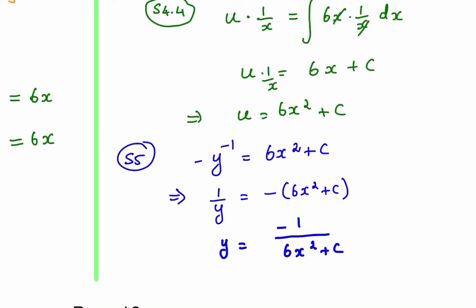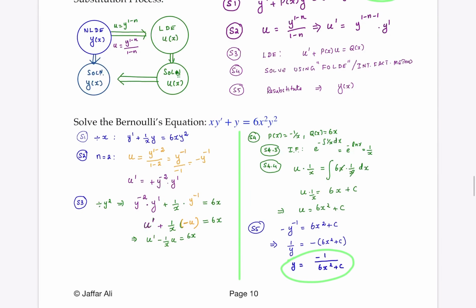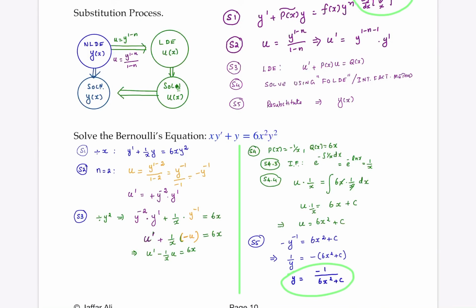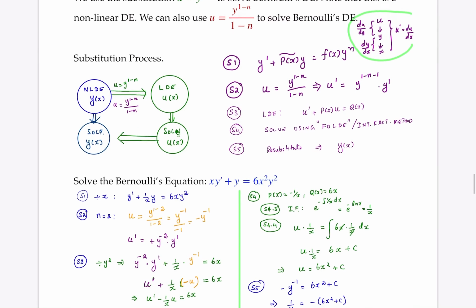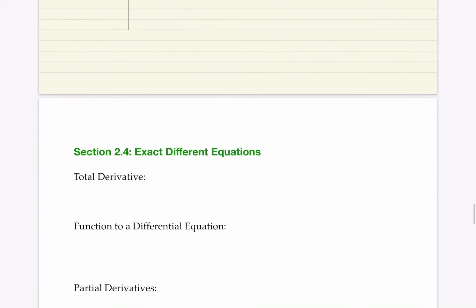And that's the solution to that Bernoulli's differential equation. So that's how we would solve Bernoulli differential equation. Again, the idea is a substitution, and that's what we're going to keep on doing and then work with that. That's pretty much Bernoulli's method.